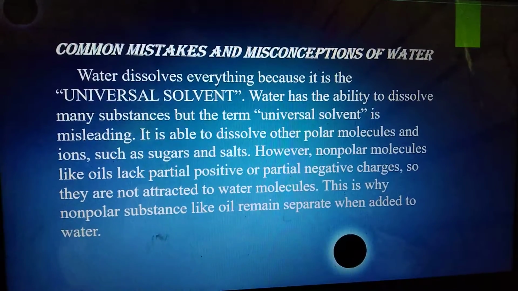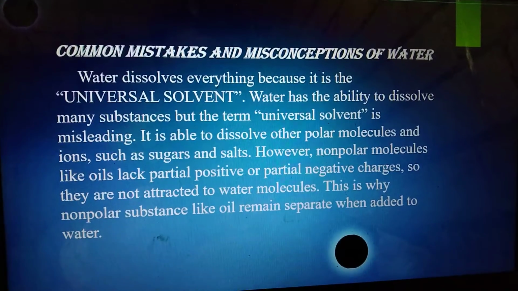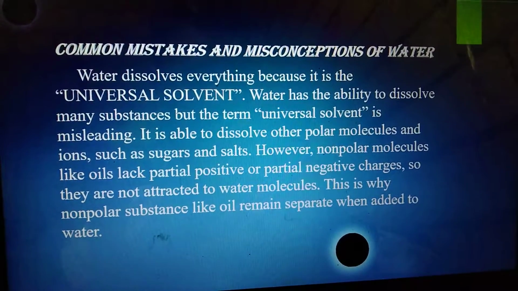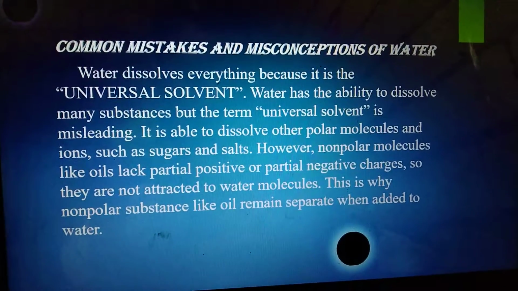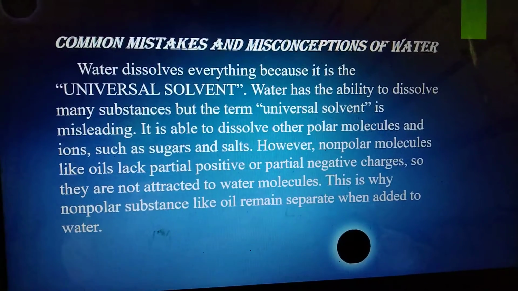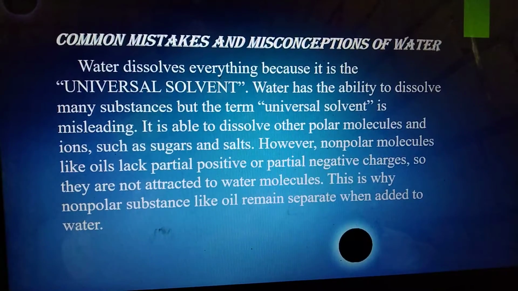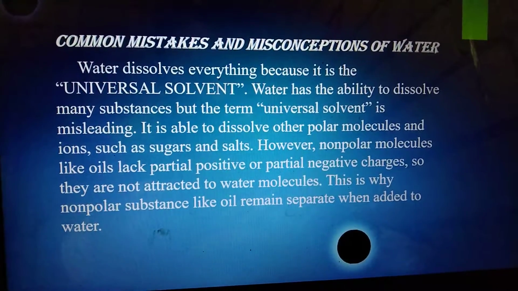Common mistakes and misconceptions of water. Water dissolves everything because it is the universal solvent. Yes, water has the ability to dissolve many substances, but the term universal solvent is misleading. It is able to dissolve other polar molecules and ions such as sugars and salts.